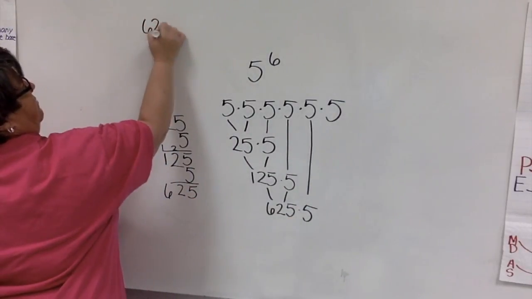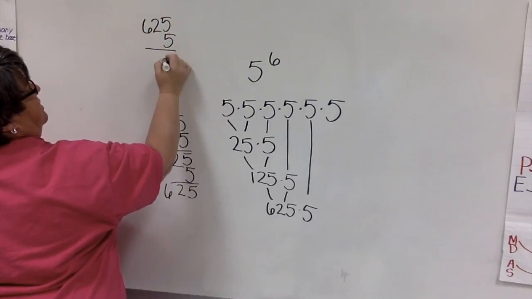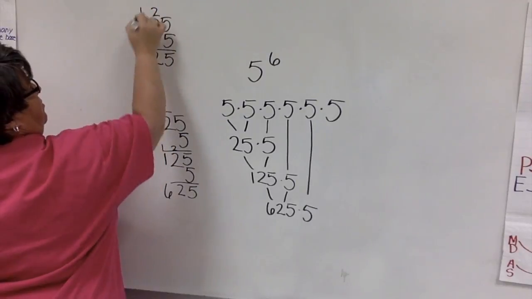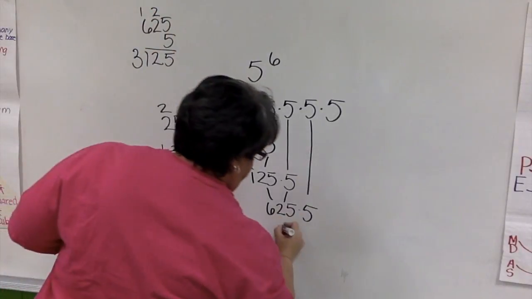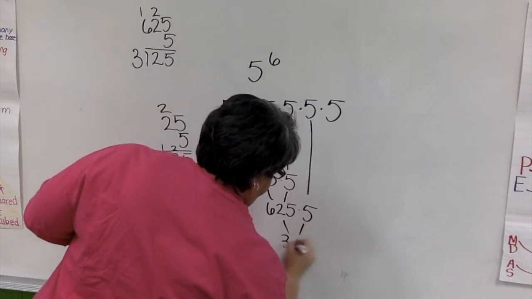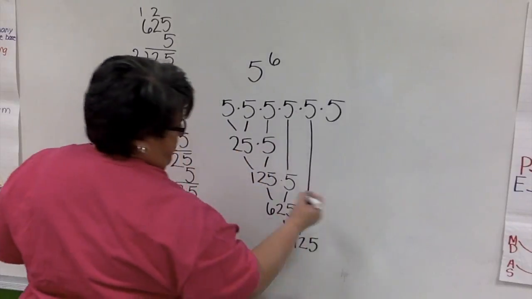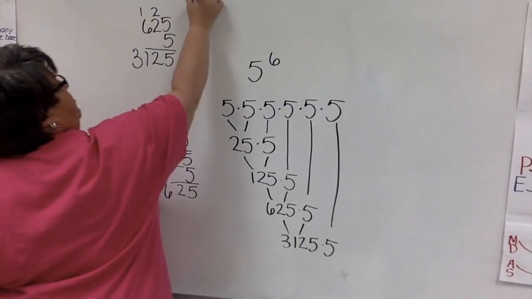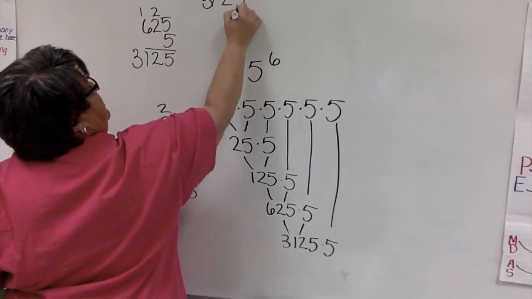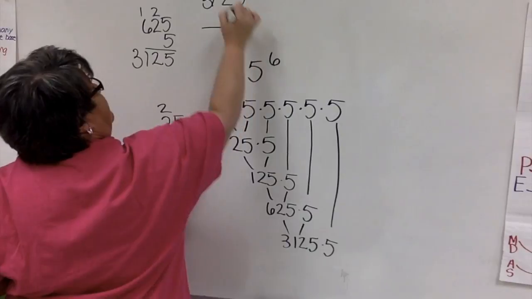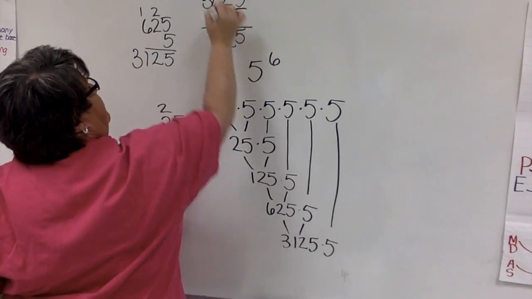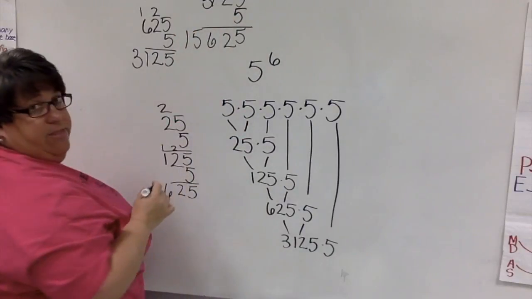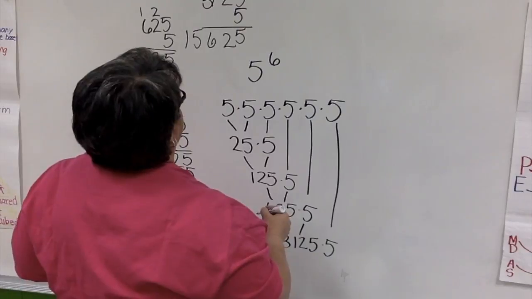And 625 times 5 is 3,125. And then we have to multiply it by this 5 before we get the answer. 3,125 times 5 is 15,625.